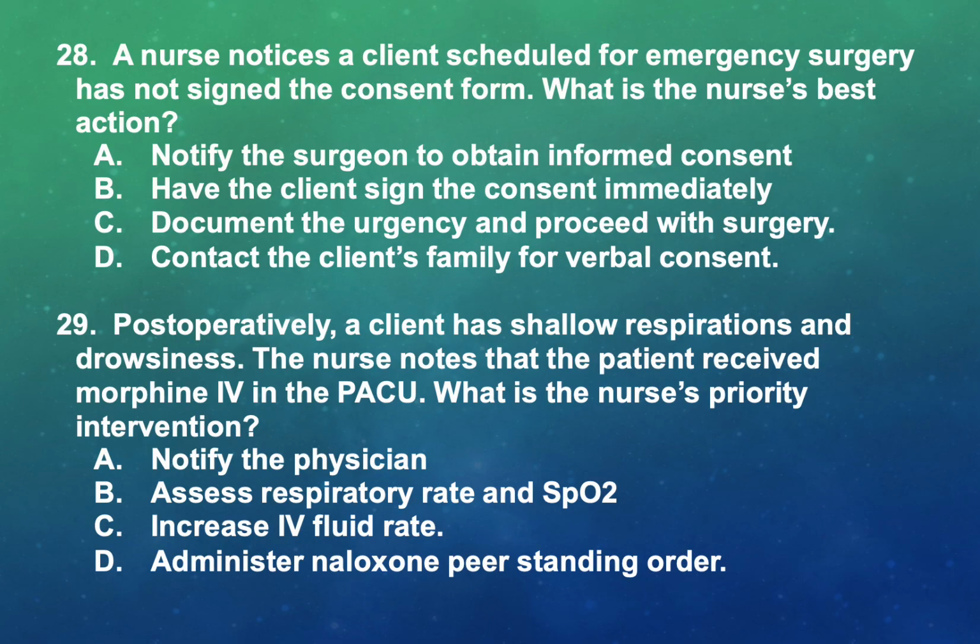29. Postoperatively, the client has shallow respirations and drowsiness. The nurse notes that the patient received morphine IV in the PACU. What's the nurse's priority? Answer is Delta. Administer naloxone per standing order. Of course, postoperative sedation and shallow, slow respirations in a patient who recently received IV morphine in the post-anesthesia care unit point toward opioid-induced respiratory depression.